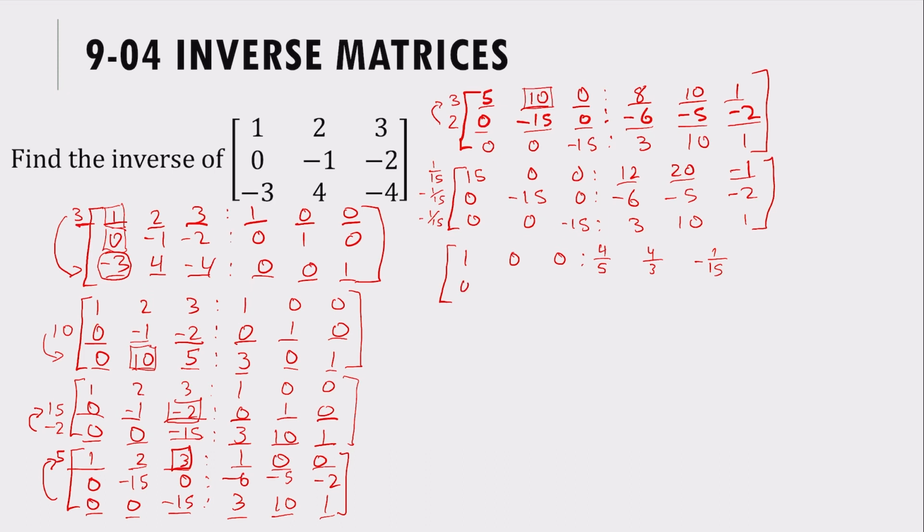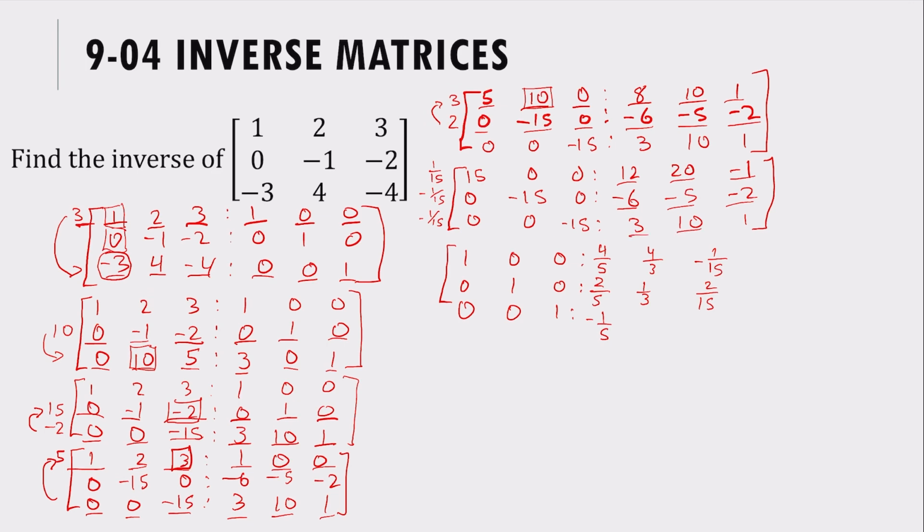The second row will be 0, 1, 0. Negative, that'll become positive 6 over 15. It'll become positive 5 over 15, and positive 2 over 15. Third row will be 0, 0, 1, and then negative 1/15 times 3 is negative 1/5.